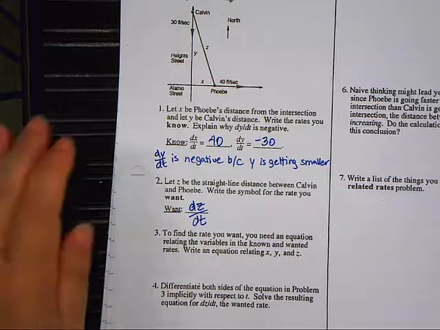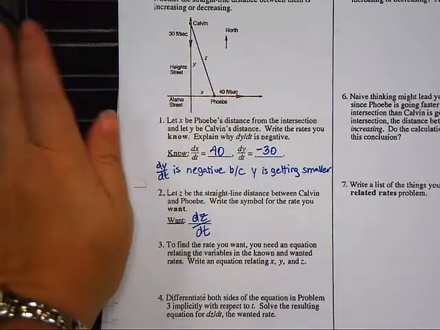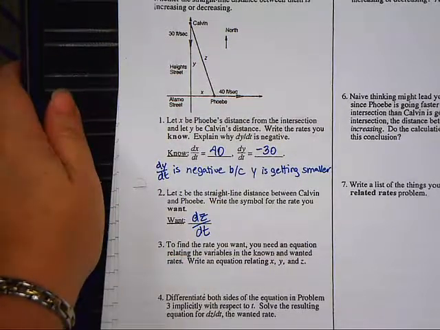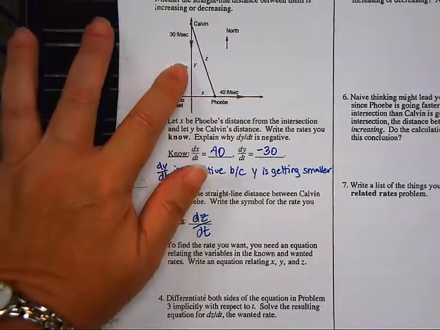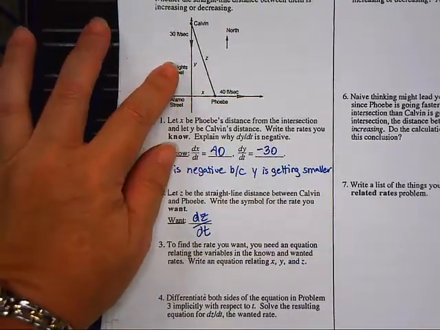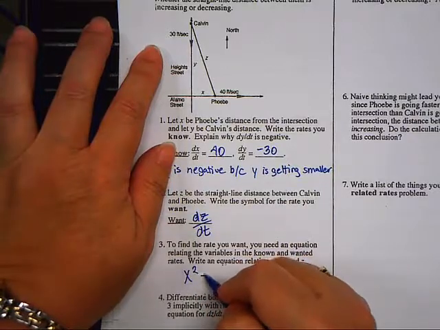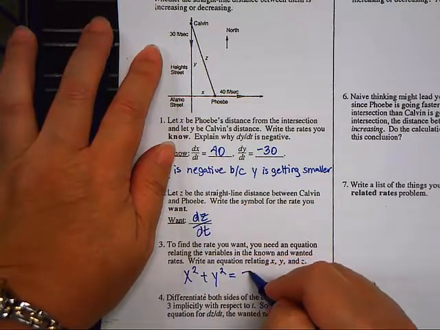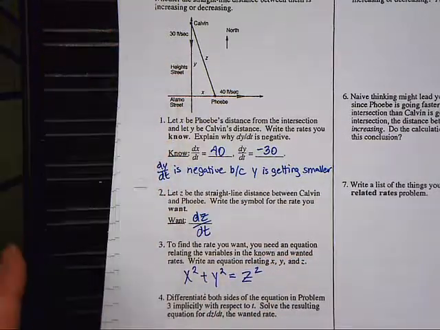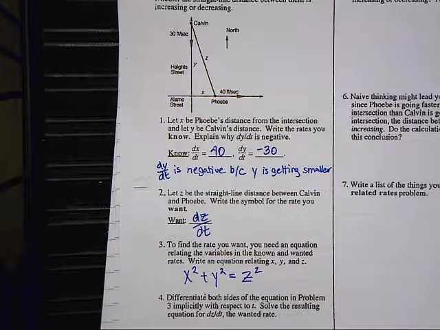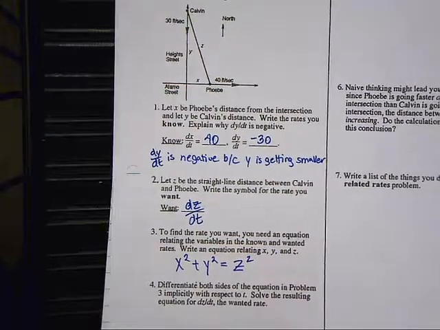How would you write the Pythagorean theorem for this one? X squared plus y squared equals z squared. Exactly. That's the equation we want because it relates all 3 variables.